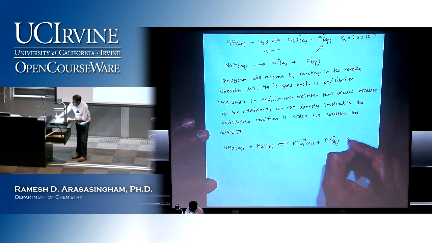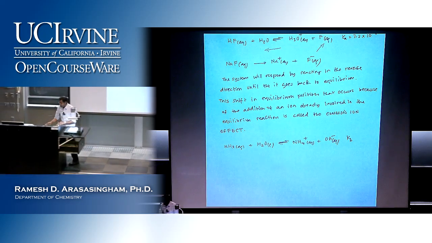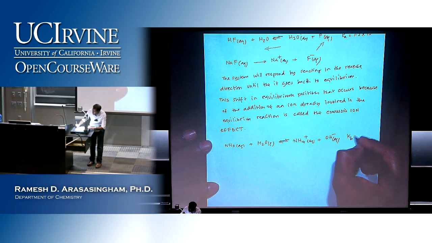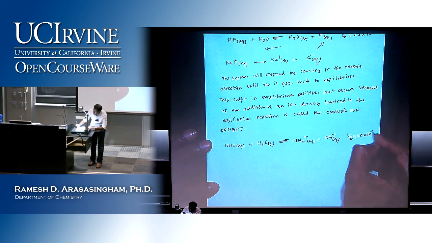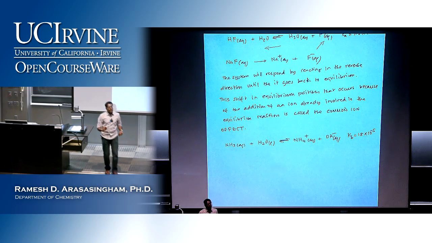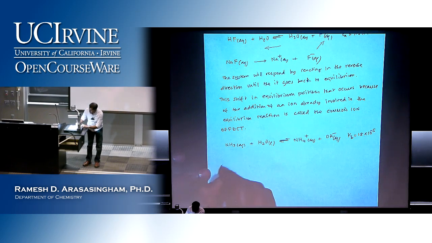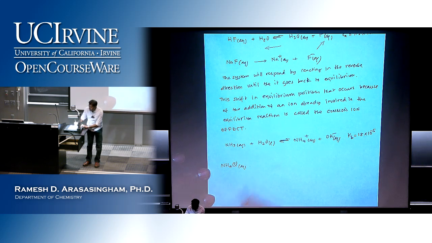Okay, and because we're writing this in the form of a base, we're looking at Kb, and Kb equals 1.8 times 10 to the negative 5. So once again, we know that this is a weak base. So let's say we start with this and we've established an equilibrium. Now, if I add a common ion, so let's say now into this I add a salt, and the salt that I'm going to add is ammonium chloride.